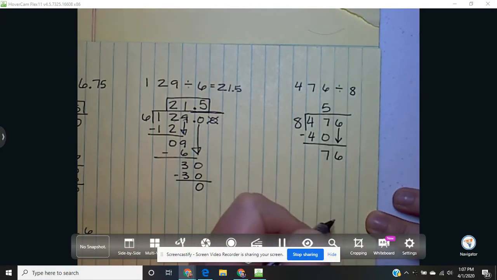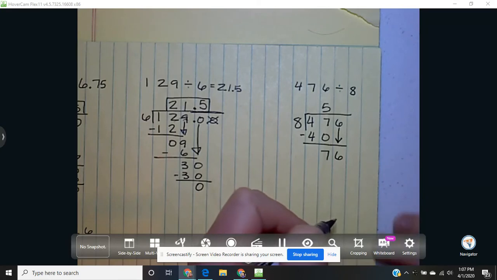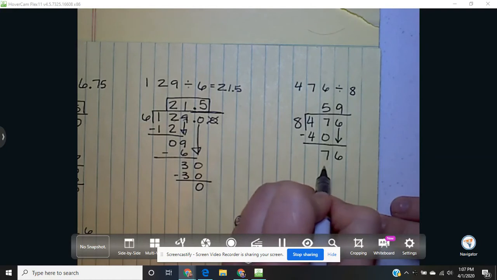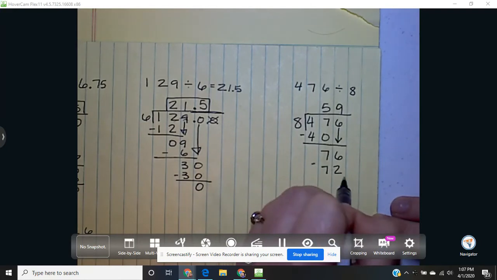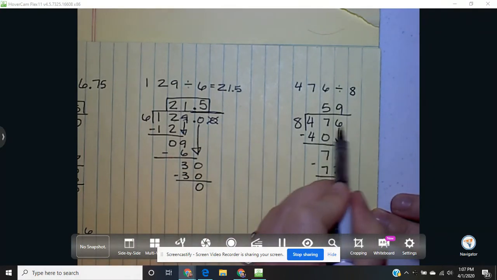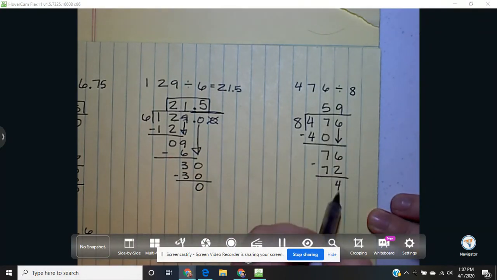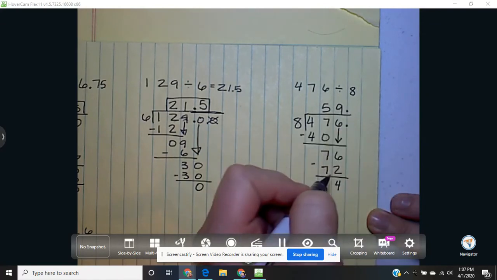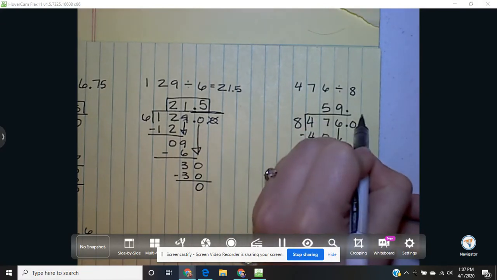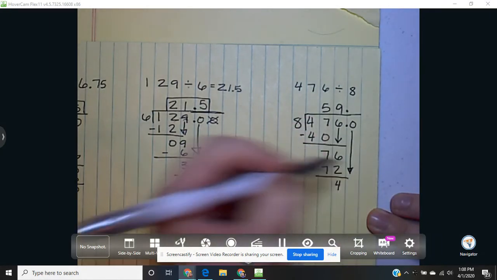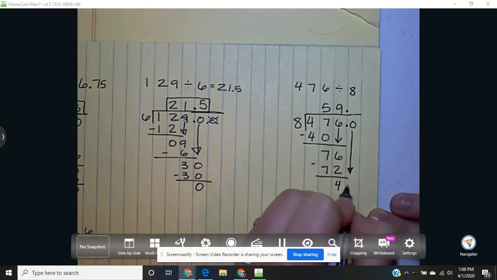So how many times can 8 go into 76? 9 times. 9 times 8 is 72. When I subtract, I have 4 left over. Again, I have nothing left to bring down, but I do have a remainder. So I'm going to add my decimals and add the place, excuse me.